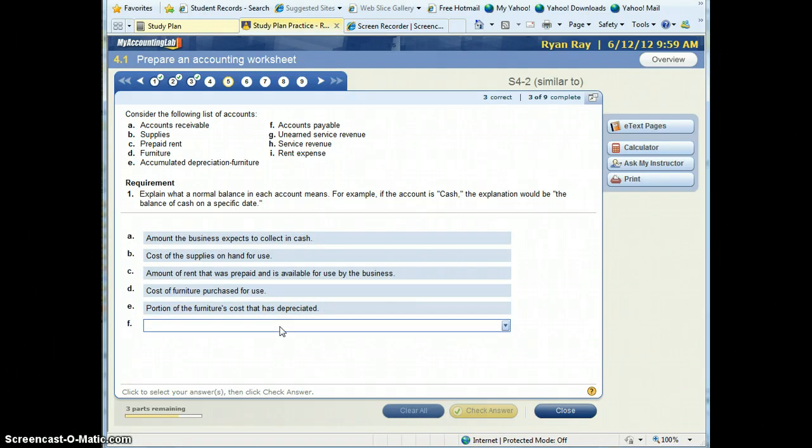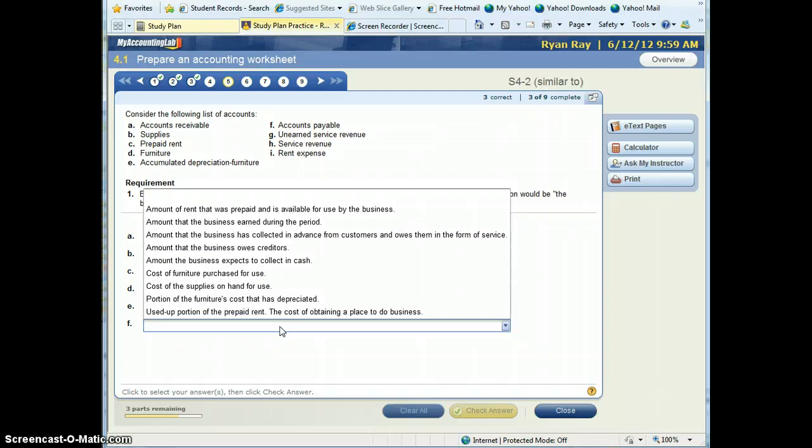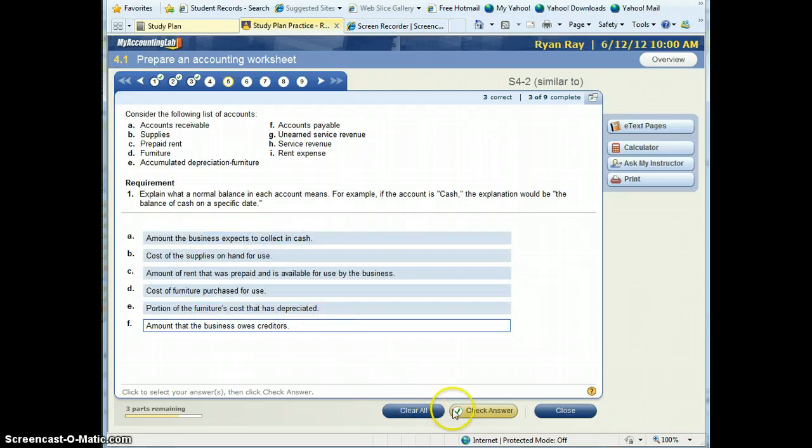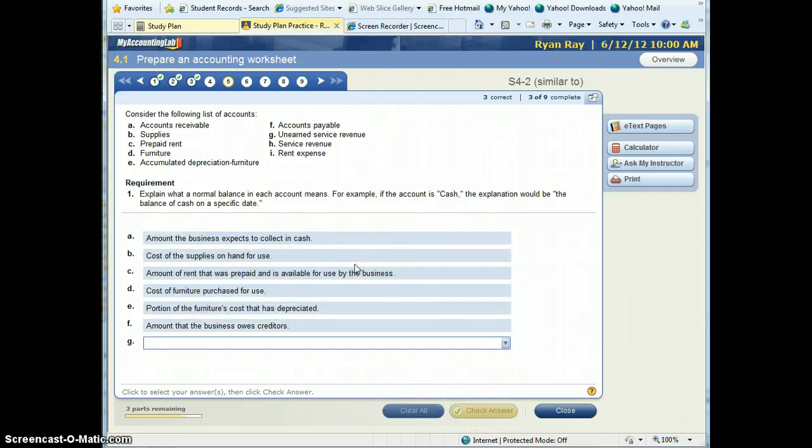Alright, F, accounts payable. Accounts payable means things that I owe people, so the amount that the business owes creditors. Unearned service revenue. Now, service revenue may confuse you. It's not a revenue account. Anything that is unearned means you have not earned it, so it is a liability.